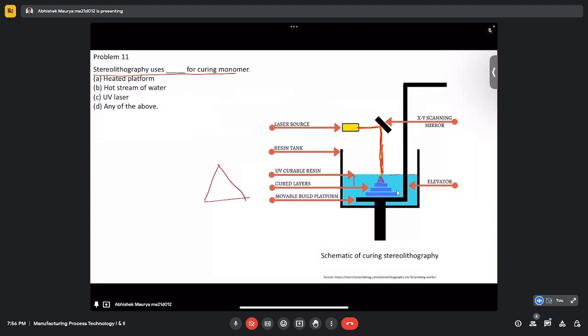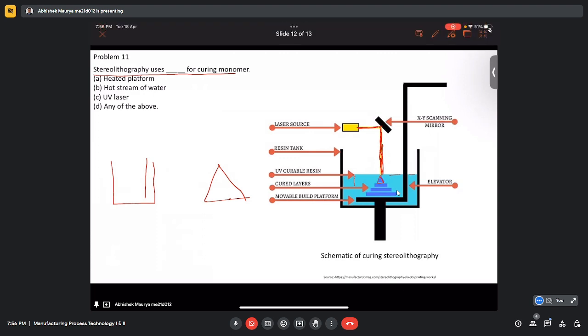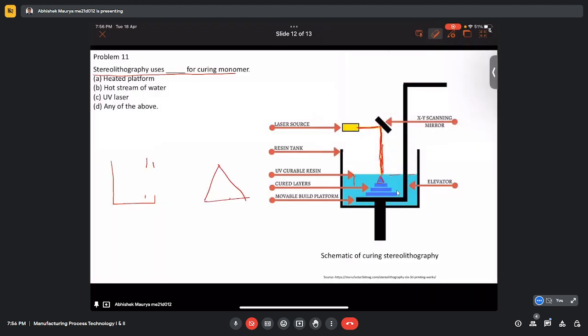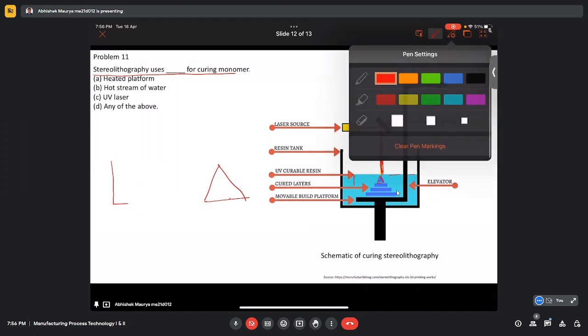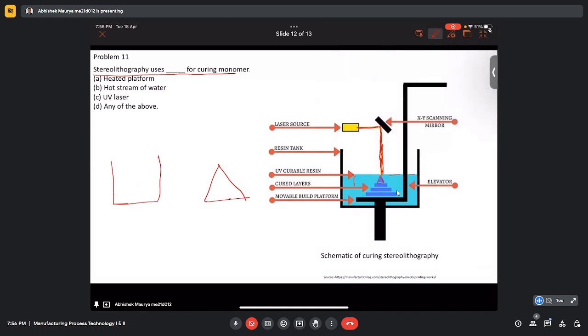Initially we will have the polymer like this, and this is the platform over which we are manufacturing, over which we are depositing the material.